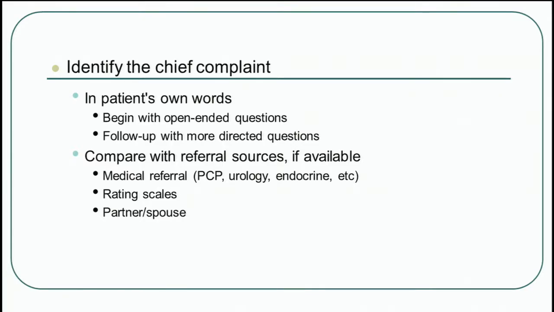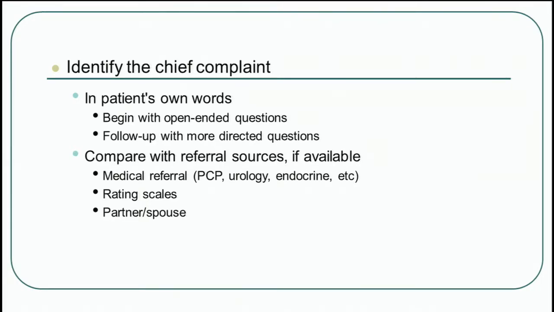What we want to do is identify the chief complaint, identify the sexual complaint. It's important to document in the patient's own words, and this can be elicited with open-ended questions, and then, once again, narrowing in with more directed questions.